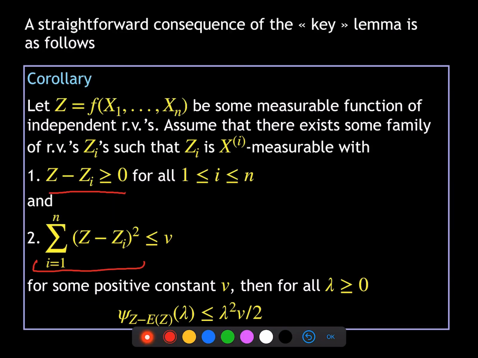Then, we shall see in a moment, that this implies that the log of the moment generating function is less than lambda squared v over 2 for non-negative values of lambda. That is, we are sub-Gaussian on the right, for the non-negative values of lambda.